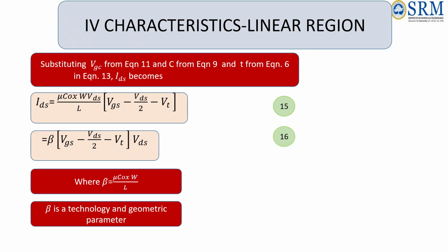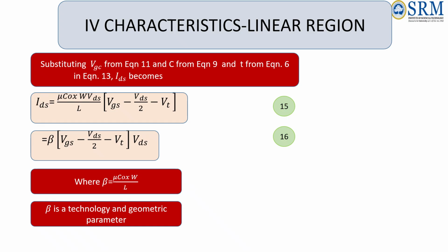In this session, we have derived VGC, C, and T. Substituting them in the equation for IDS, IDS becomes mu Cox W L by T into VGS minus VT minus VDS by 2. Mu Cox W L by T is combined as beta.